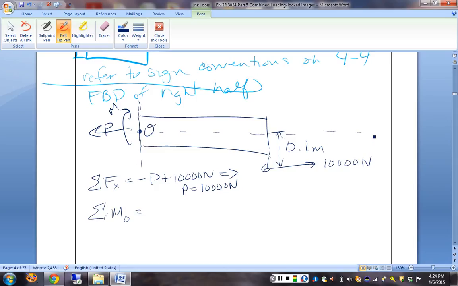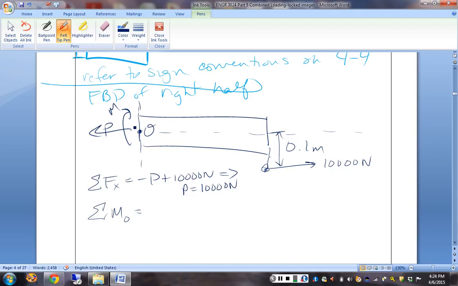What's the separation distance between my force and O? There we go. And is that going to tend to make it go positive or negative, if O is my reference point? Which way is it going to spin? Make us go that way.